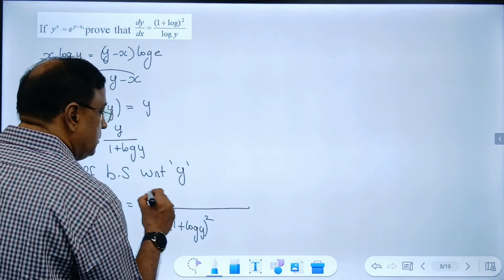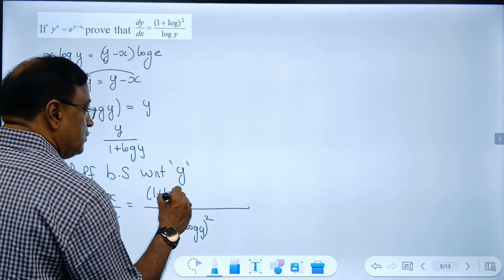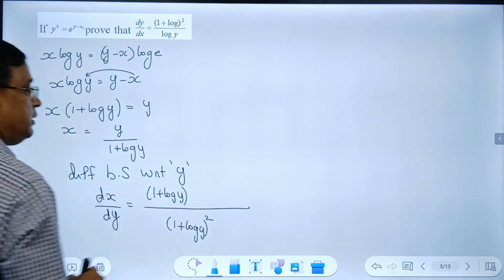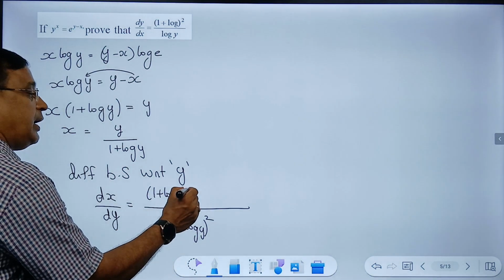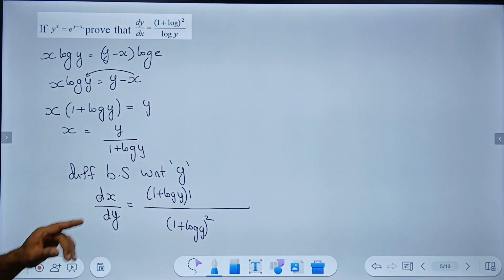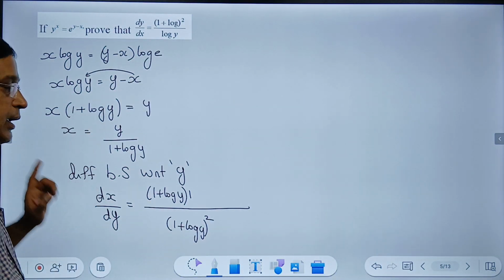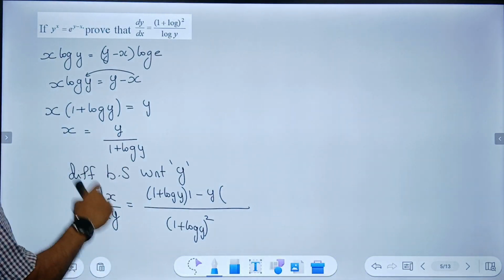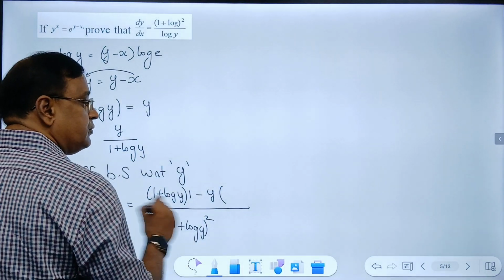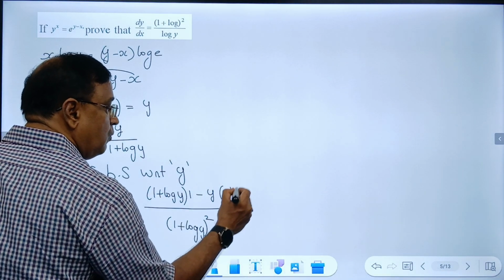Numerator will be 1 plus log y. So what is differentiation of y? Here differentiation of y will not be dy by dx, but it will be 1, because I am not differentiating with respect to x, but with respect to y. Minus y into, what is the differentiation of 1 plus log y? 1 differentiation is 0, log y is 1 by y.